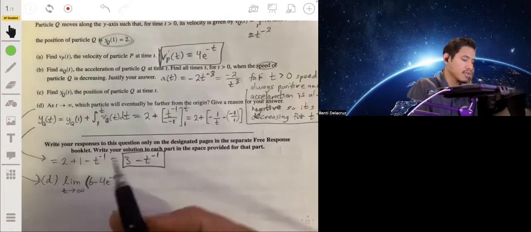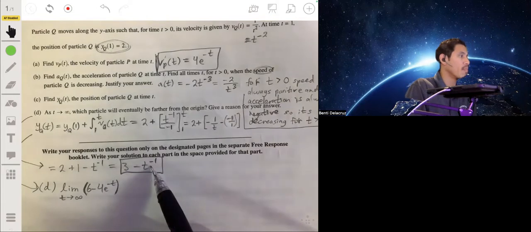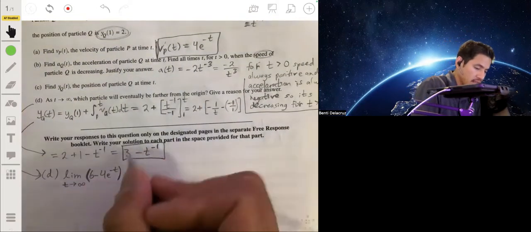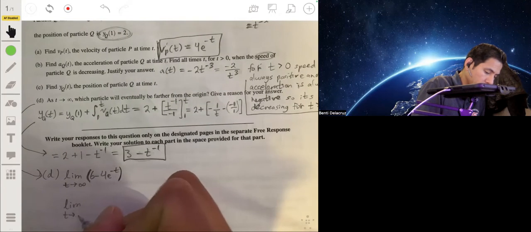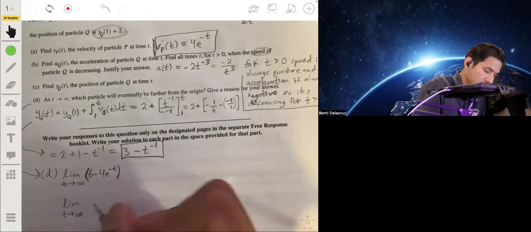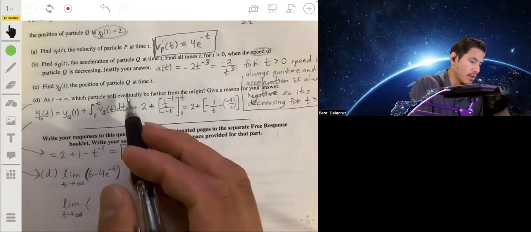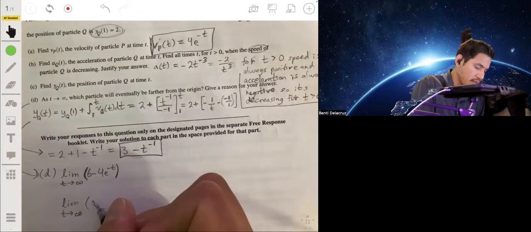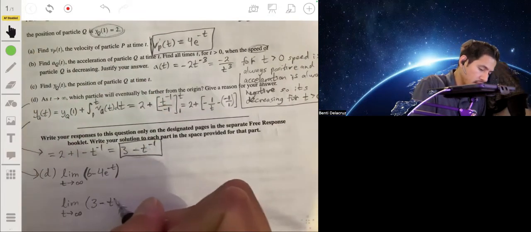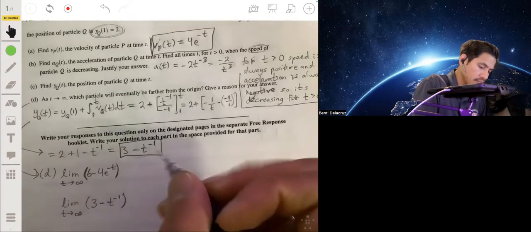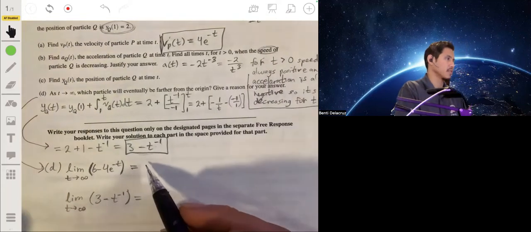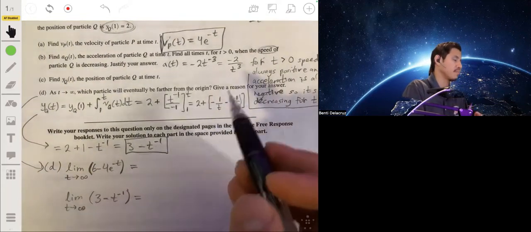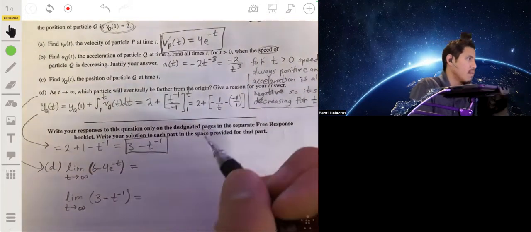And we're going to compare it to the limit as t goes to infinity of this expression. Remember, this is the position function for particle q, so 3 minus t to the negative 1. So you want to see which one gives you a larger value, because that basically means it'll be farther from the origin.